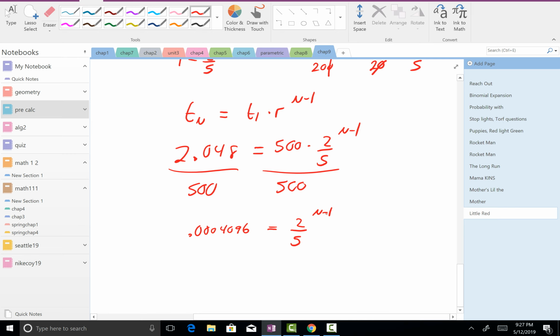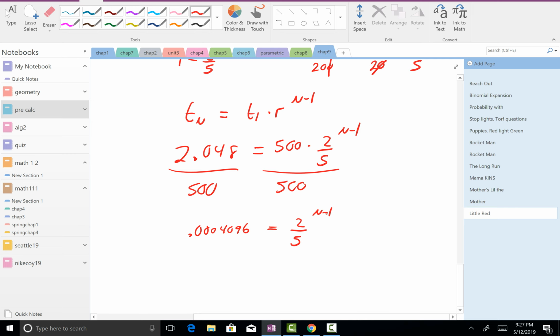All right. So we got to figure out what n is. We could solve this equation by a number of different ways. We should know how to solve equations by now. We can do it graphically. We can do it by some sort of algebraic procedure. We could use guess and check, certainly.